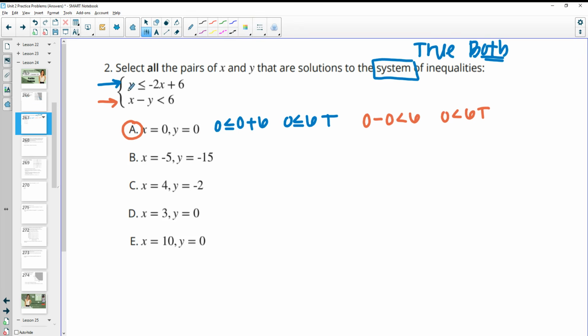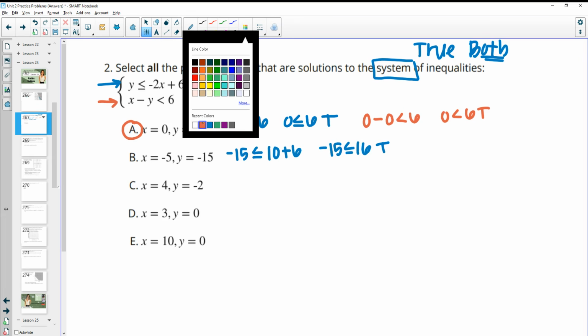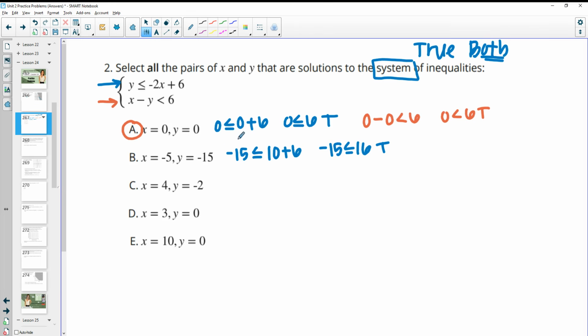So this one says y, which is negative 15, is less than or equal to negative 5 times negative 2, which is positive 10, plus 6. So is negative 15 less than or equal to positive 16? That's true.